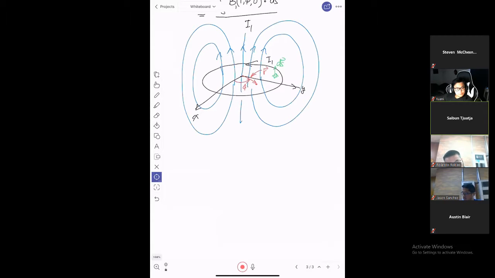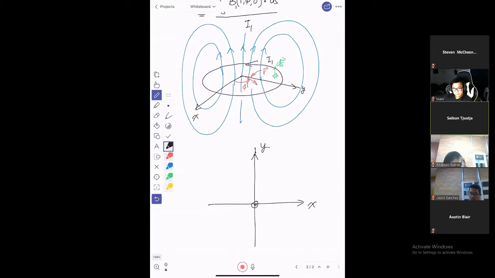I'll just draw the XY plane to make it easier for you to visualize. This is my X, this is my Y axis, and my Z is coming out. Let me not draw the Z axis. So this is my XY plane.